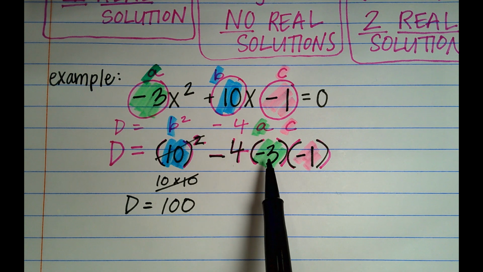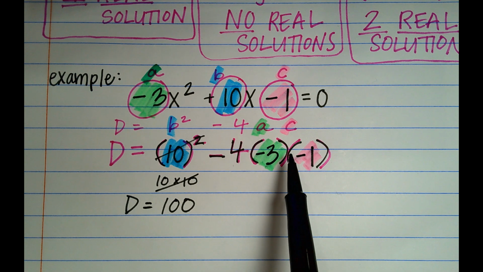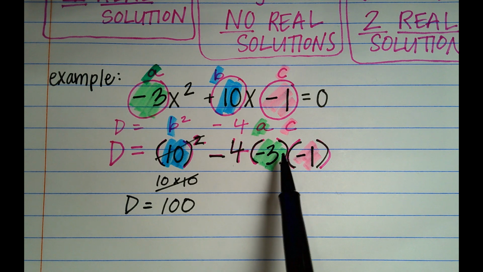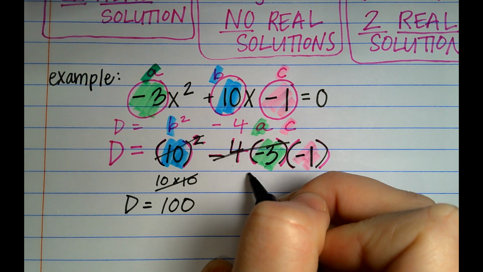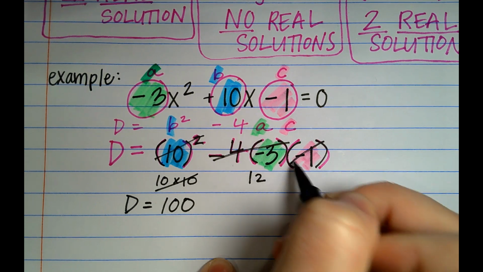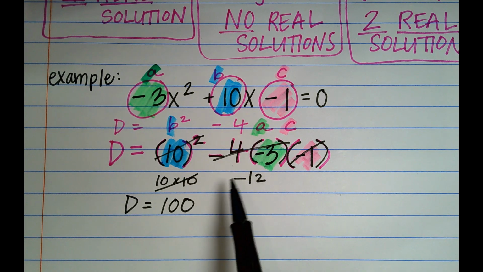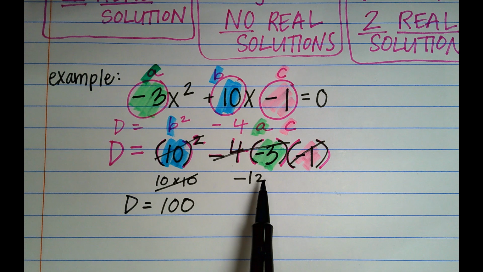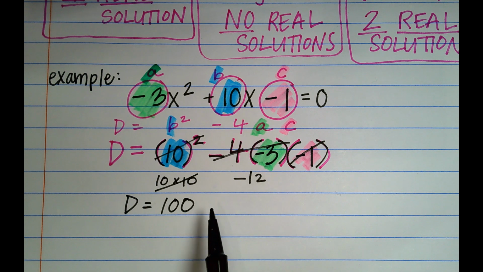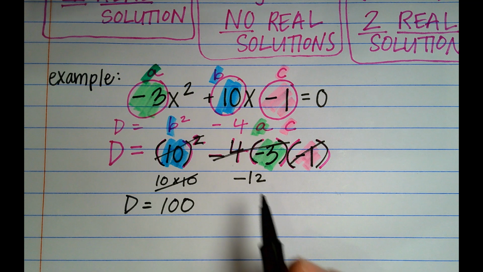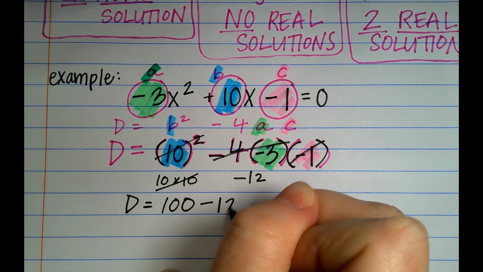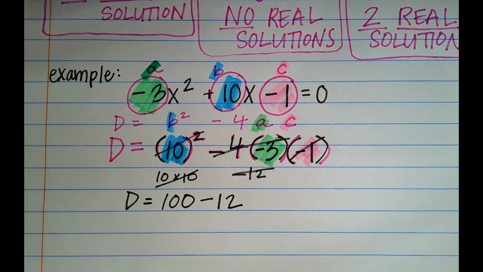-4 times -3 gives us what? +12 times -1, -12. So, if I get -12 as my answer, how do I bring that down to my 100? We're just going to write -12. Perfect.